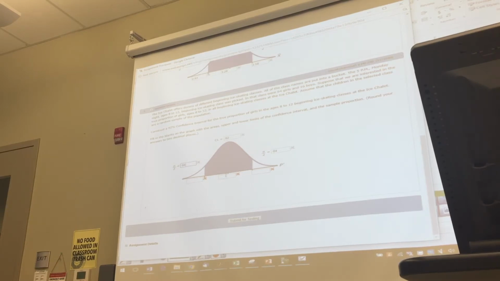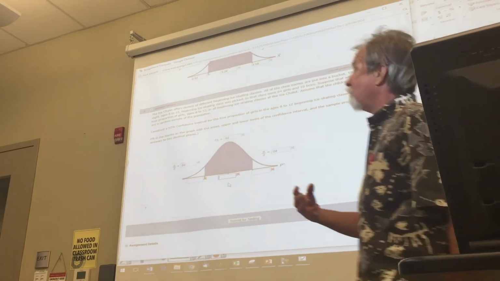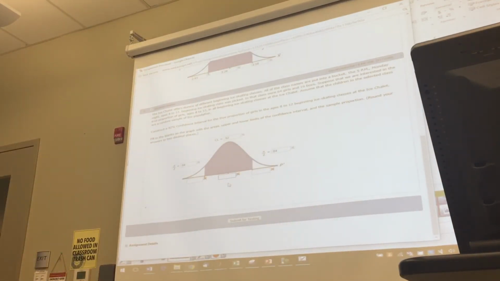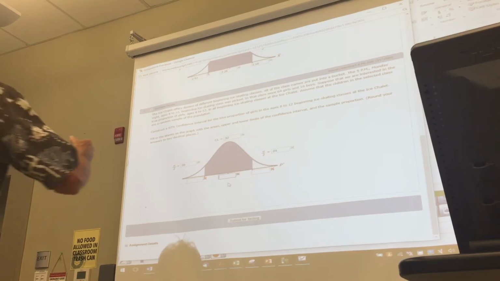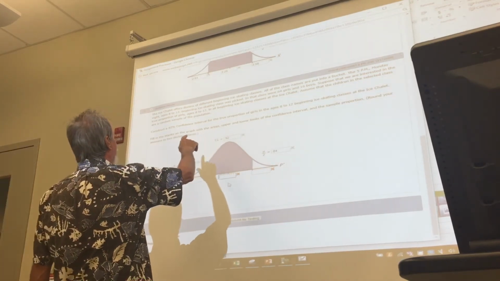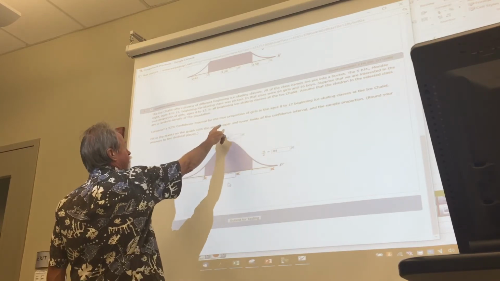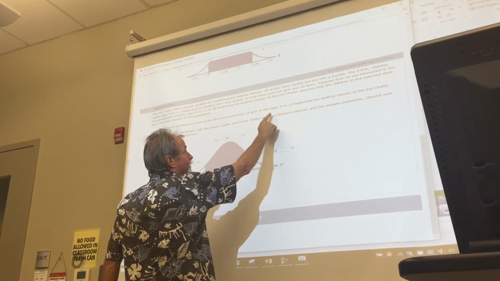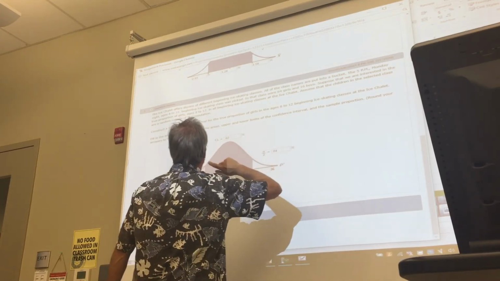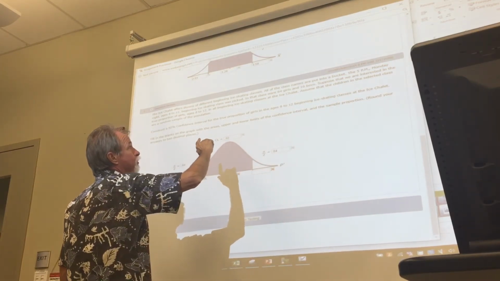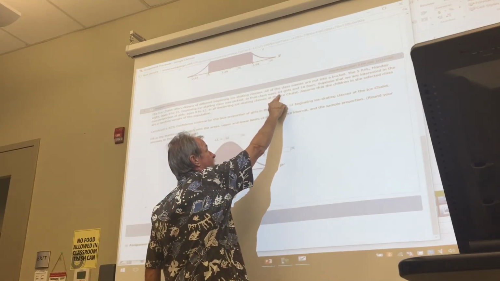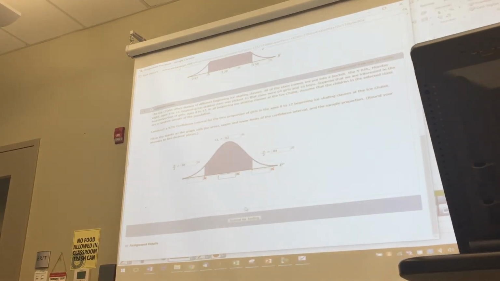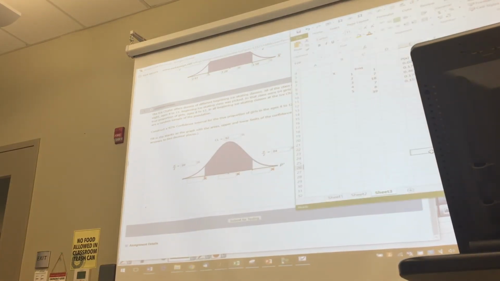Now, the tricky part, the proportion. We aren't talking about means, right? We're talking about proportions. Construct a 92% confidence interval for the proportion of girls 8 to 12 beginning ice skating class. Well, how many girls do we have? 64. How many boys? 16. So what's the proportion of girls?